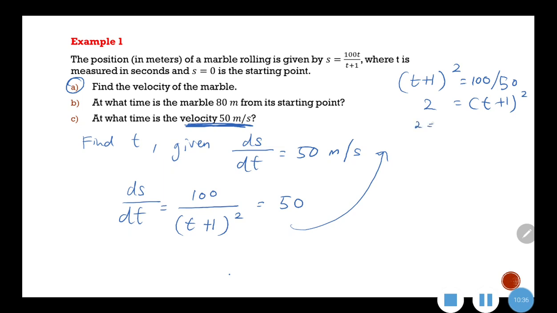We try to solve it like this: t square plus 2t plus 1 minus 2, so t square plus 2t minus 1 equal to 0. Looking at this, we cannot factor it using a simple method. You have to use the formula, b square, remember?